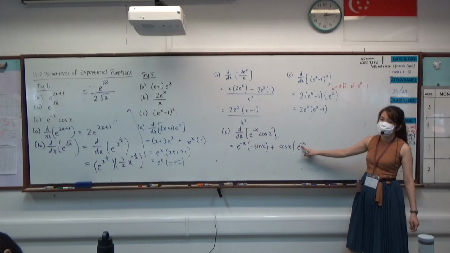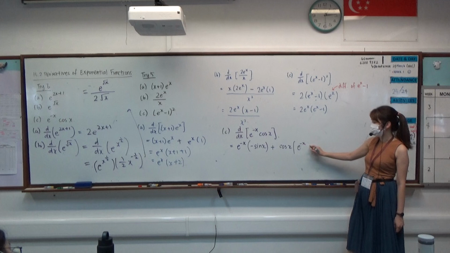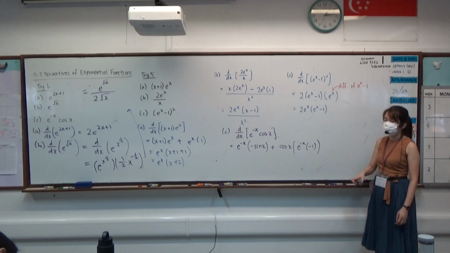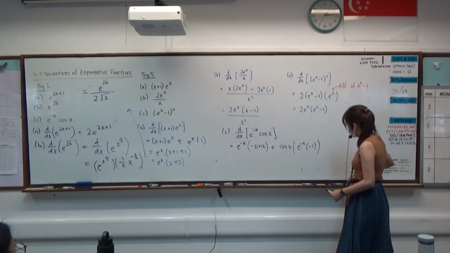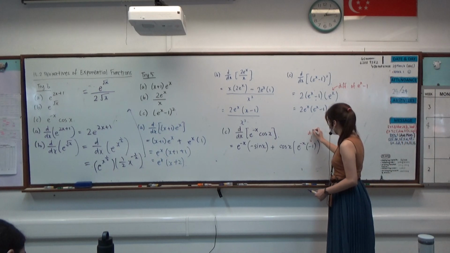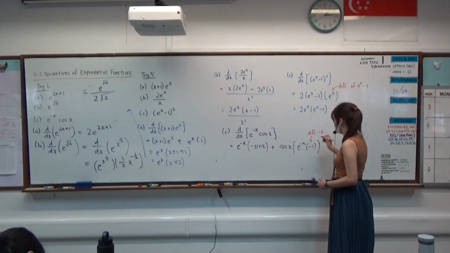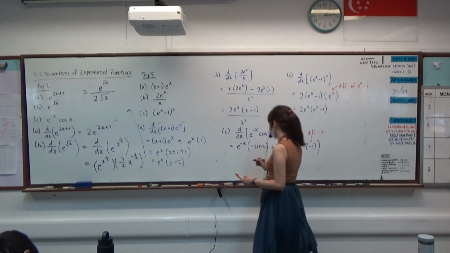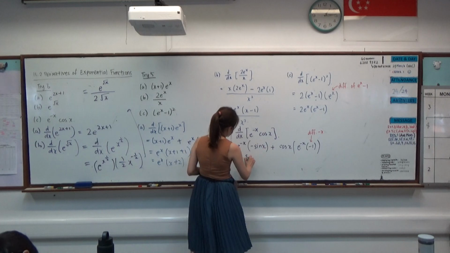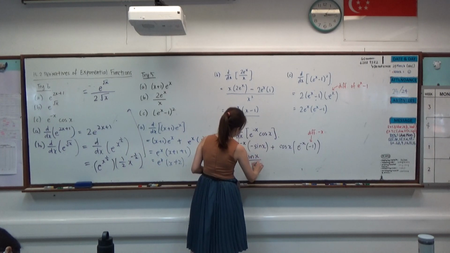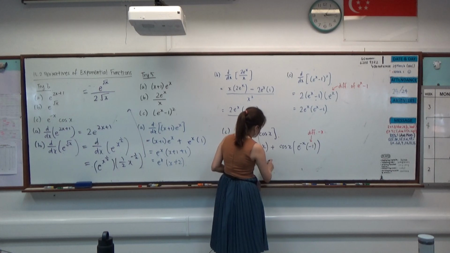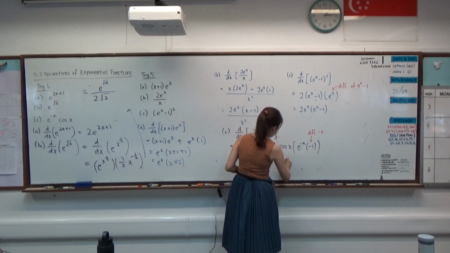There is a negative x over here, so we need to multiply by negative 1 because that's the differentiation of negative x. Okay, then simplify our answer. Minus away.